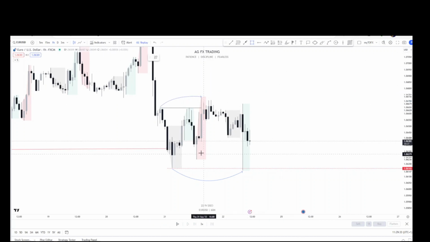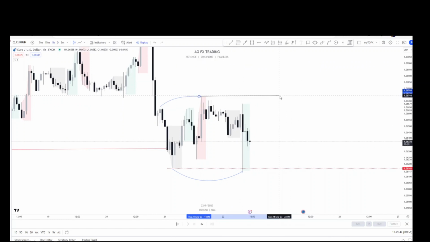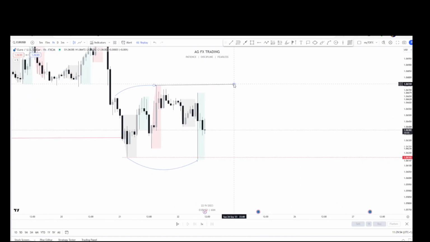If you look at it very well, this candle covers everything. Everything here is inside this big candle. So that is why my inducement will be here now. So this is my 1 hour inducement.